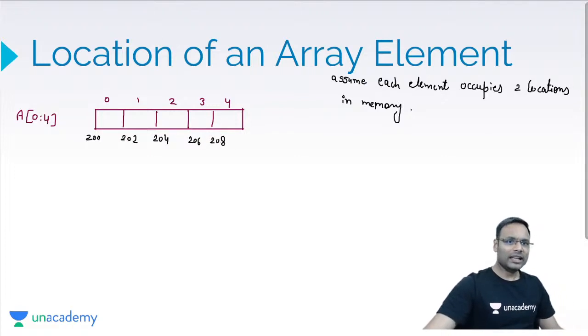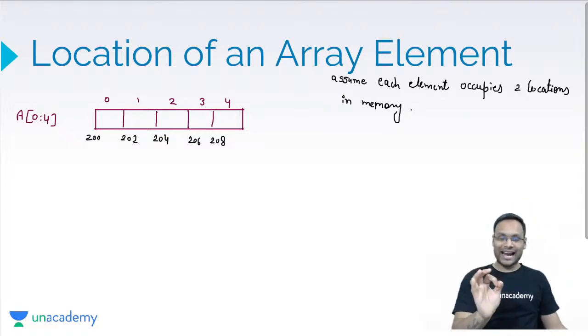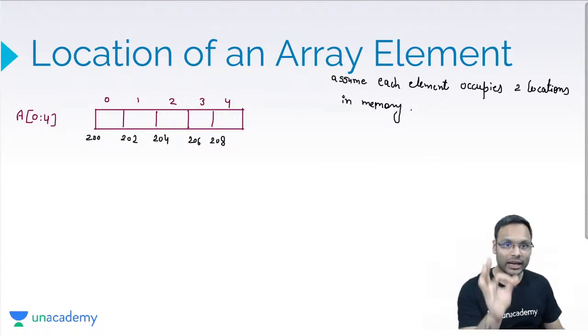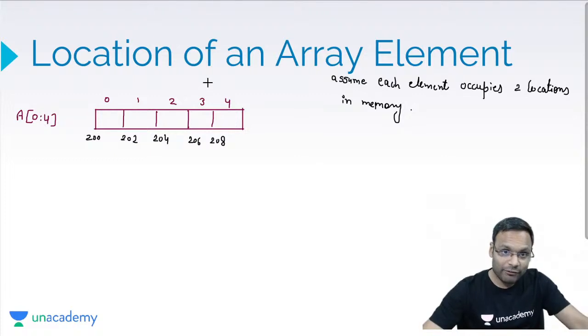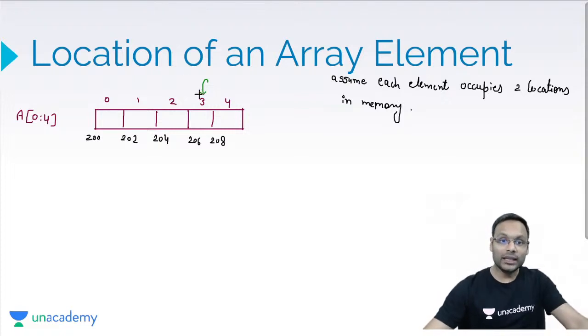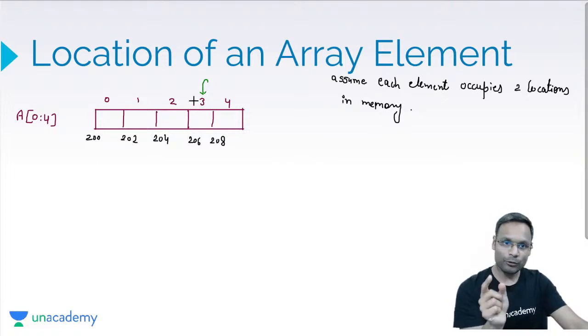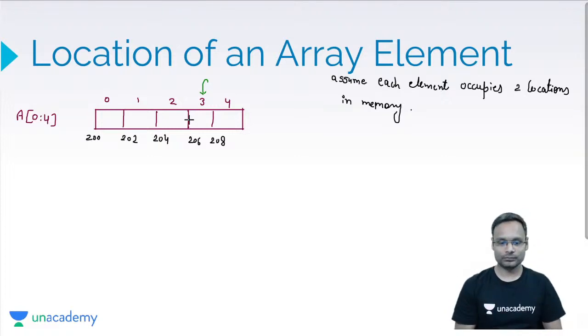Let's assume I am asking you to get the address of an element at index 3. Index 3. If I am asking you what is the address of this index 3, you need to first find out how many number of elements in the array are present before this element index 3.